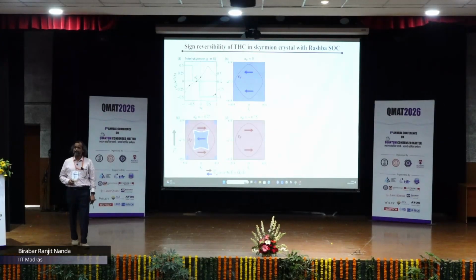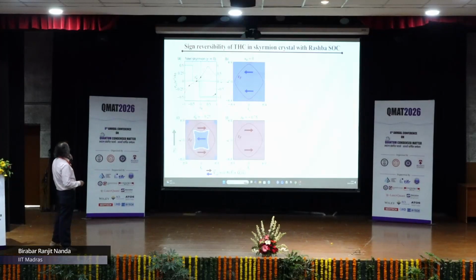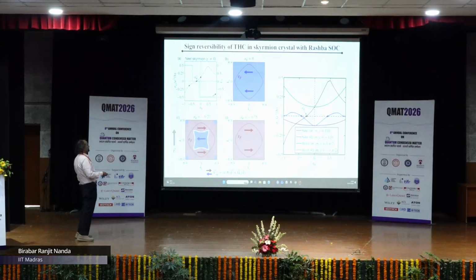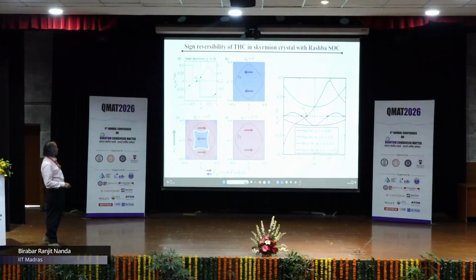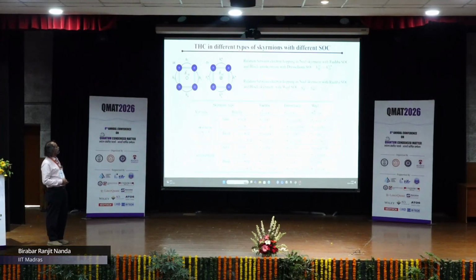So having said that, there is more to it: even the topological Hall conductivity has a sign reversal. It can become negative to positive. Not only for the Skyrmion or Néel type, actually we noticed that all sorts of systems have similar sign reversal depending on the type of the non-collinear spin texture and the strength of alpha R. But there is a certain universality to it, which shows the sign reversibility of topological Hall conductivity in Skyrmion.